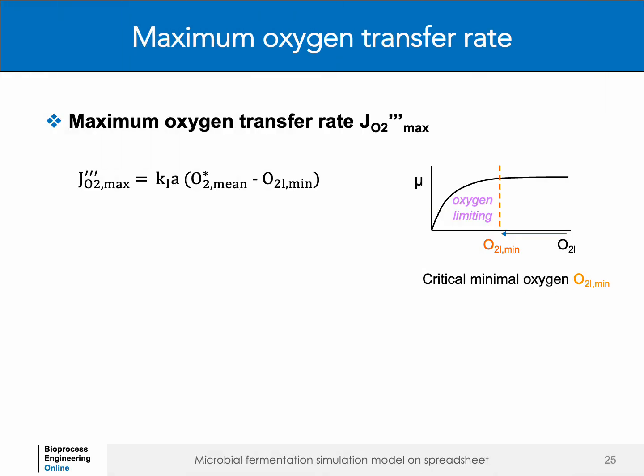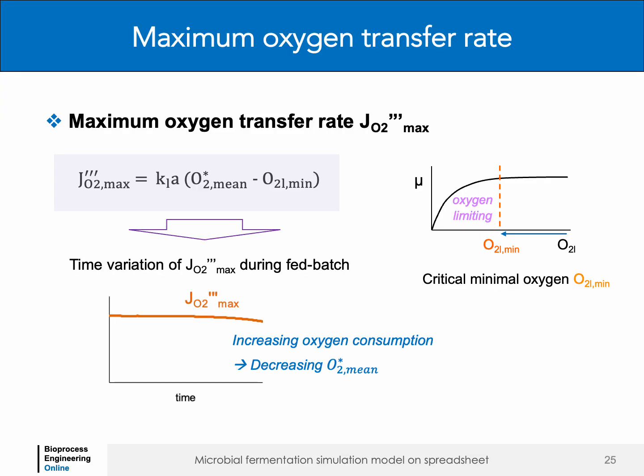The maximum oxygen transfer rate is reached when the dissolved oxygen concentration approaches its minimum allowable value, O2L min, below which the microbial growth rate decreases and undesirable metabolites may be produced. The maximum oxygen transfer rate, denoted as J_O2 max, is therefore expressed by J_O2 max equals KLA times (O2* mean minus O2L min).